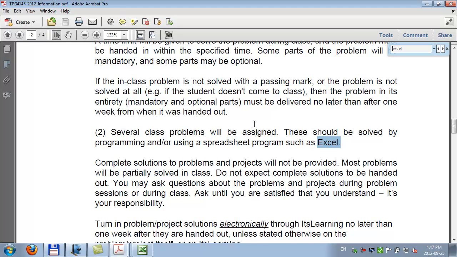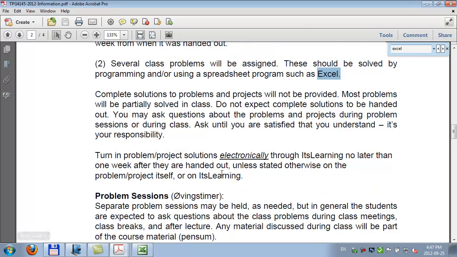Most problems will be partially solved in class, like today. Then I said, turn in problem solutions electronically through the learning site. What I should have said is that you turn in your solution in Excel.